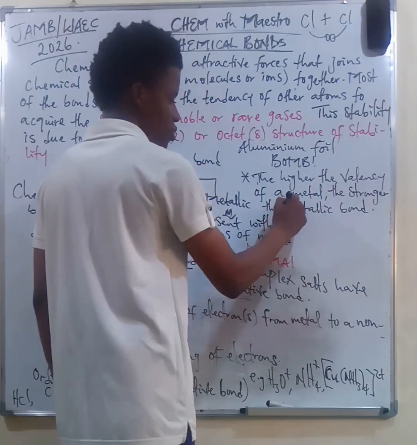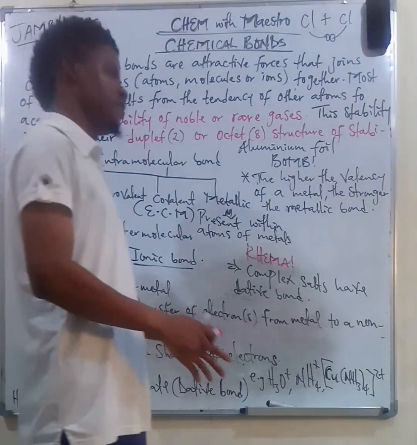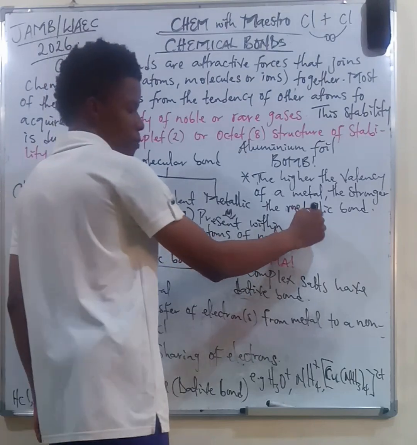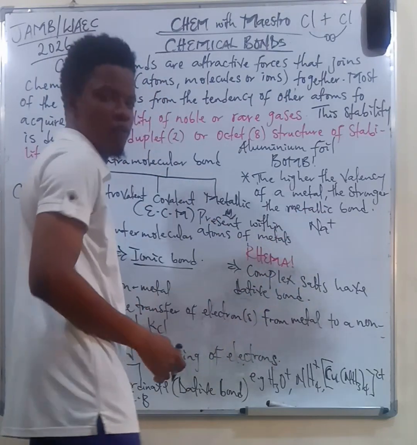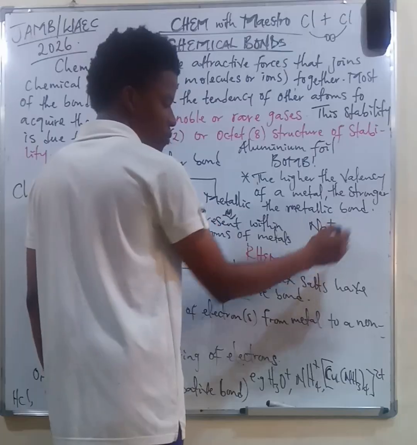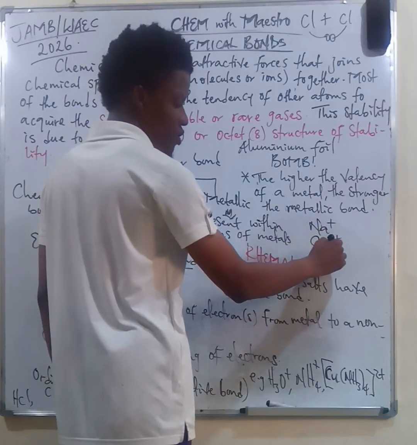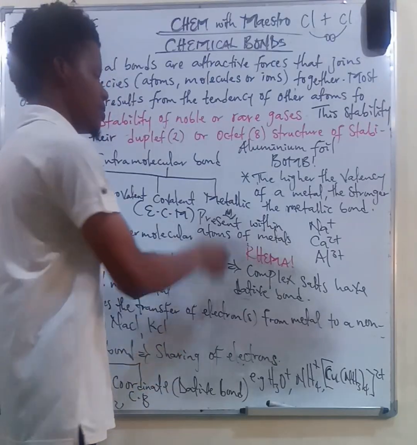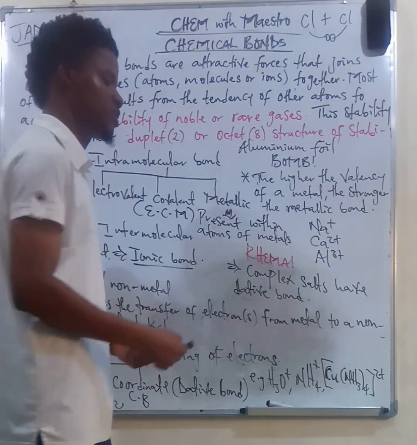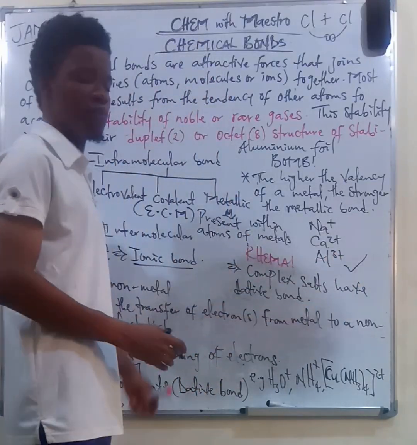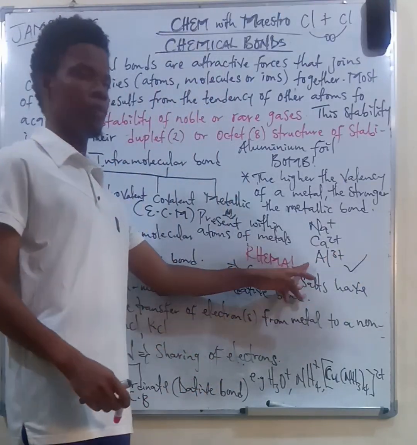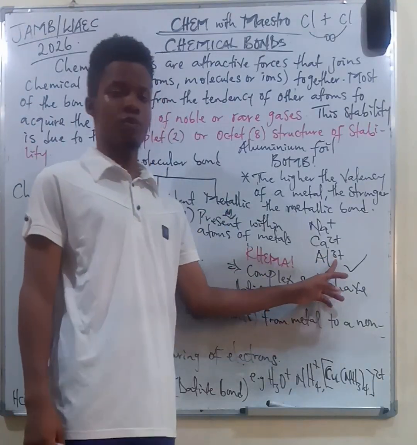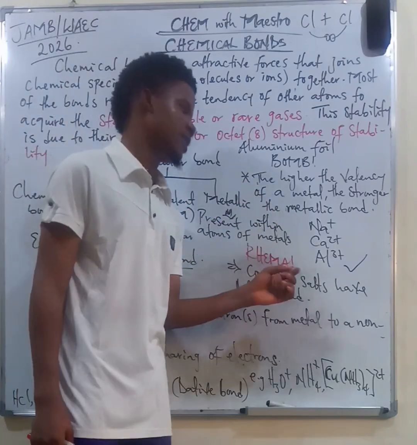Are you with me? Now, sodium atom has a valency of +1, calcium has a valency of +2, aluminium has a valency of +3. Among these three, which one of them will have the strongest metallic bond around these atoms? The answer becomes aluminium. Aluminium is going to have the strongest metallic bond between these atoms, because the valency of aluminium is high. It's +3. So please take note, the higher the valency of a metal, the stronger the what?